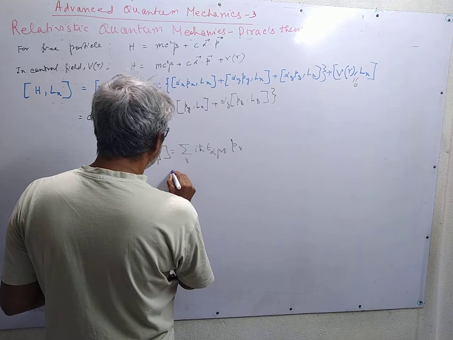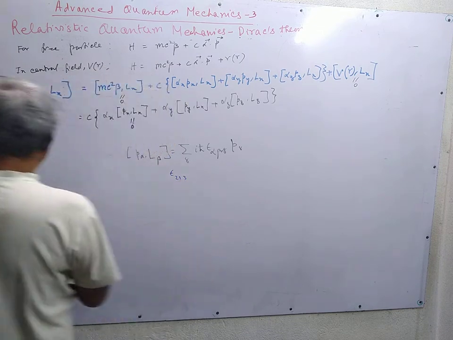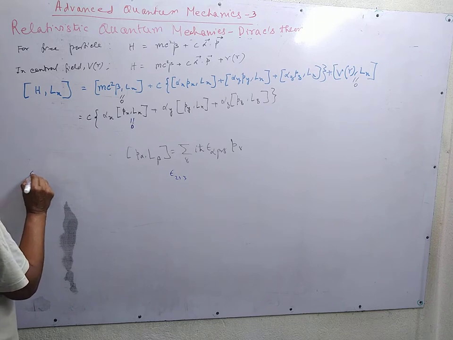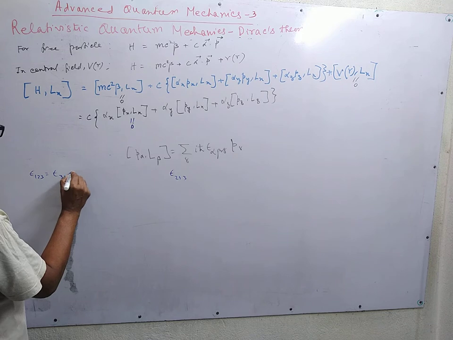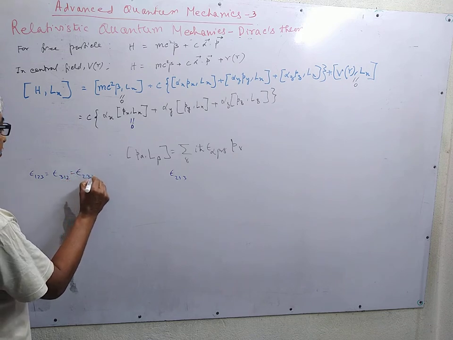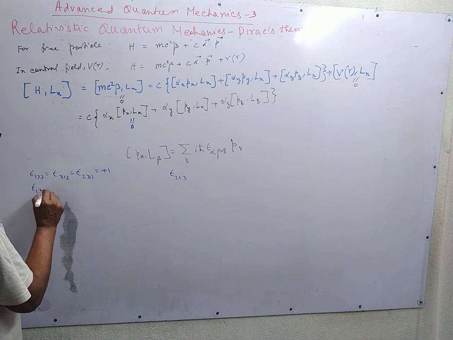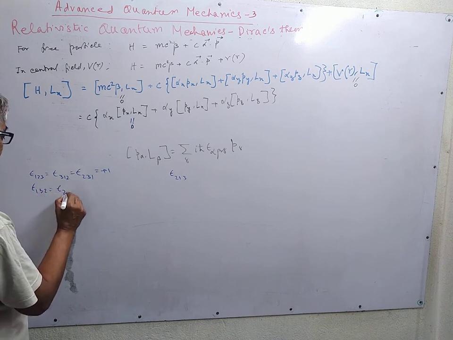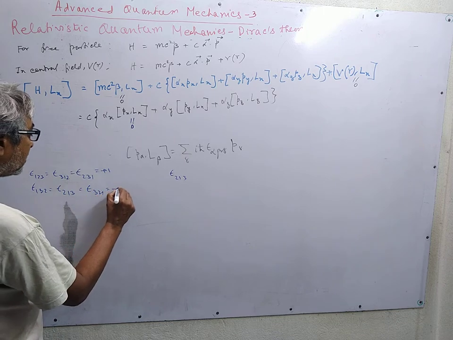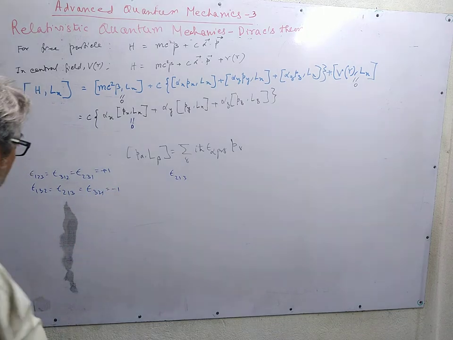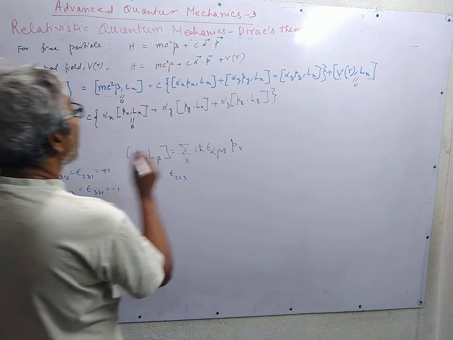For this it is 2 1, obviously 3, and you recall that epsilon 1 2 3 is equal to epsilon 3 1 2 is equal to epsilon 2 3 1 is equal to plus 1, and epsilon 1 3 2 is equal to epsilon 2 1 3 is equal to epsilon 3 2 1 is equal to minus 1. So this 2 1 3 it is minus.